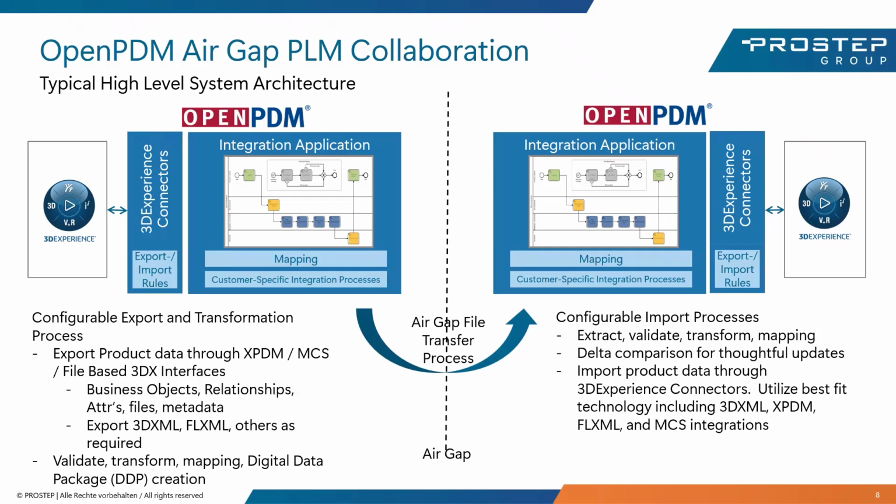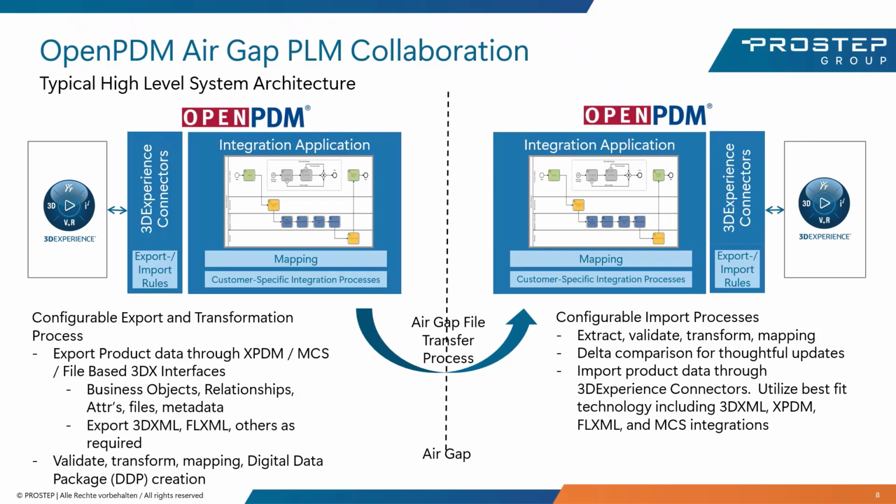So what we're going to do as part of this is start in 3DEXPERIENCE. We've got our 3DX connectors, primarily the XPDM interface. That's also going to be able to export the business objects, relationships, attributes, things that you would need in order to do validation, or support data types that aren't supported through the standard 3D XML or other XML type interfaces.